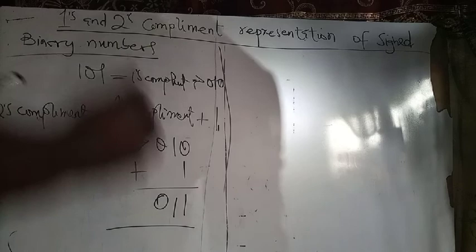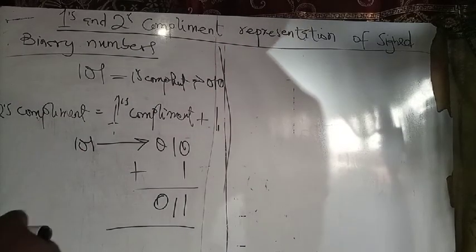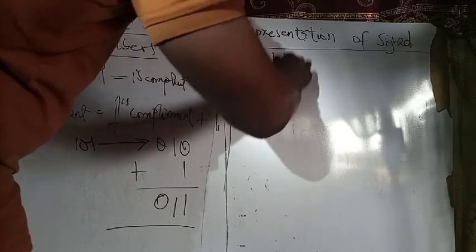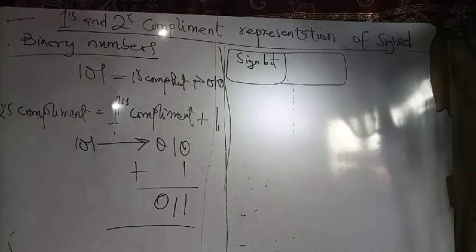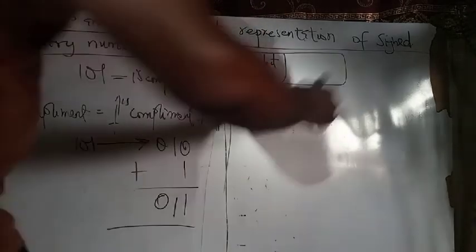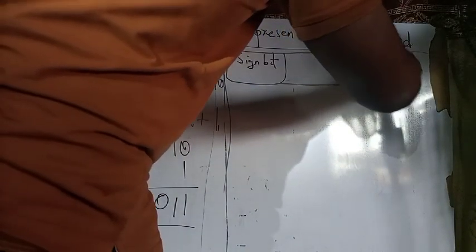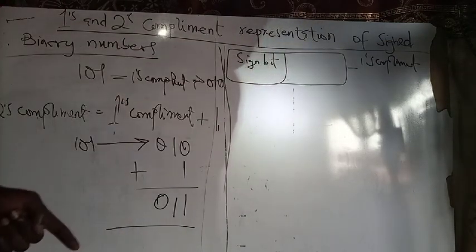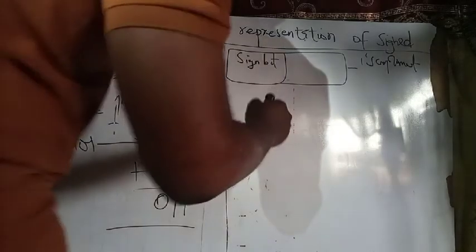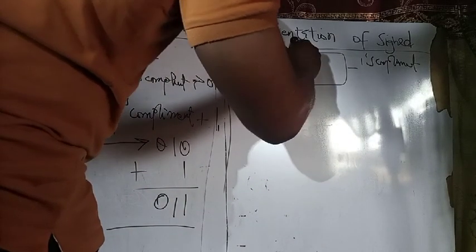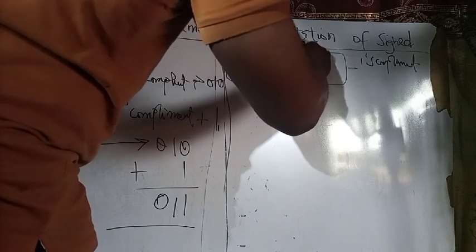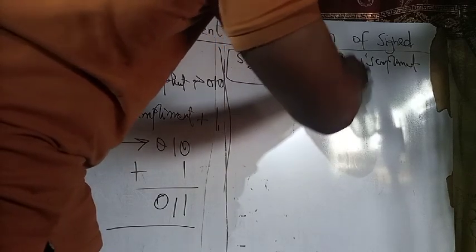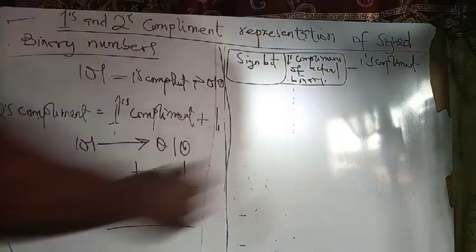Okay, and when we want to find one's complement in a signed binary number, it's actually going to be the sign bit and the one's complement of the actual binary.